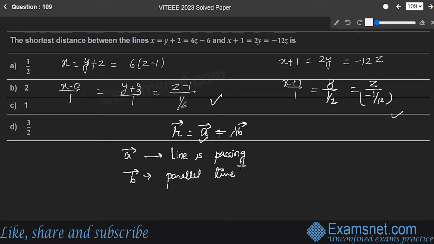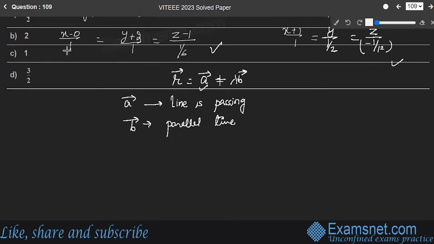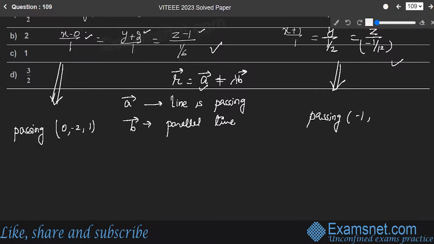So here, this first line is passing through (0, -2, 1). Because if you put this equal to 0, you will get x is equal to 0, y is equal to minus 2 and z is equal to 1. Similarly, for this one, this line is passing through (-1, 0, 0).